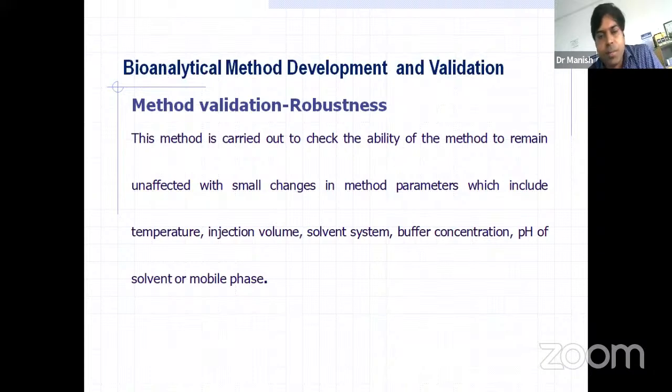So that may have an effect on the response of the instrument towards the method.